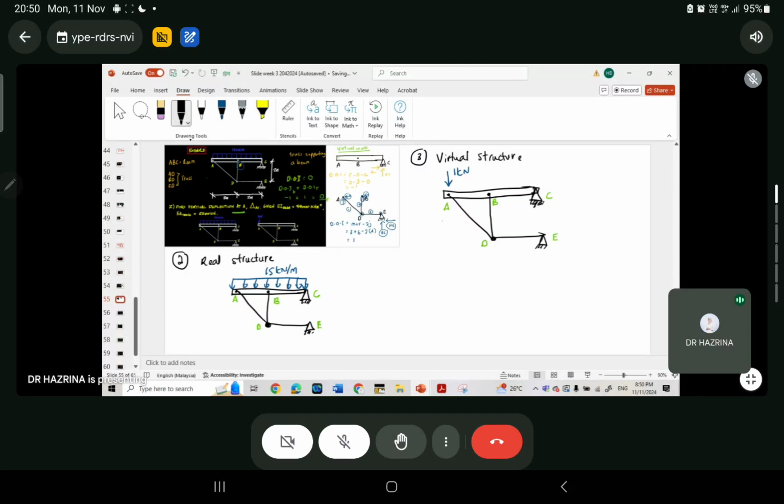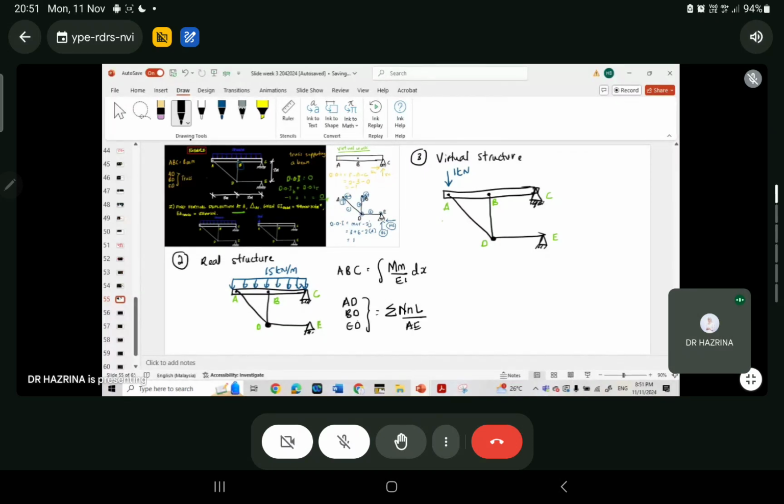The next step is to calculate your equation. In this case, you can see that for the real structure, from A, B, C, you have to use the equation integral of M m over EI dx, for members AD, BD, and ED. These all use the summation of N n L over AE.